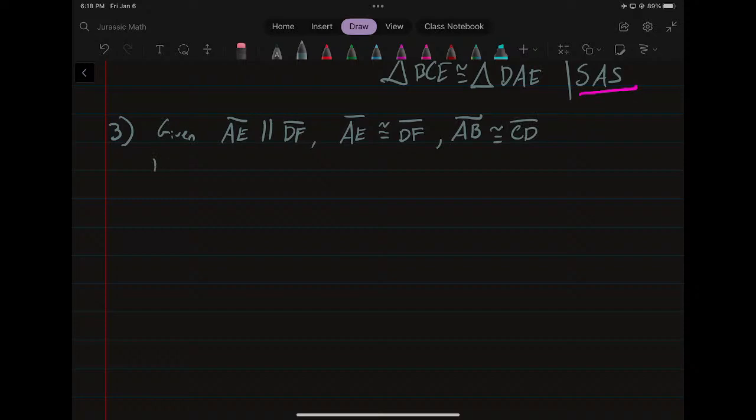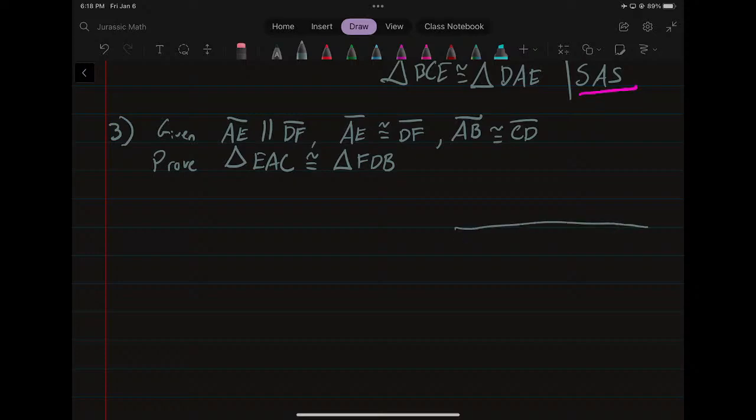And we need to prove that the triangle EAC is congruent to triangle FDB. All right, I'm going to draw the picture now.